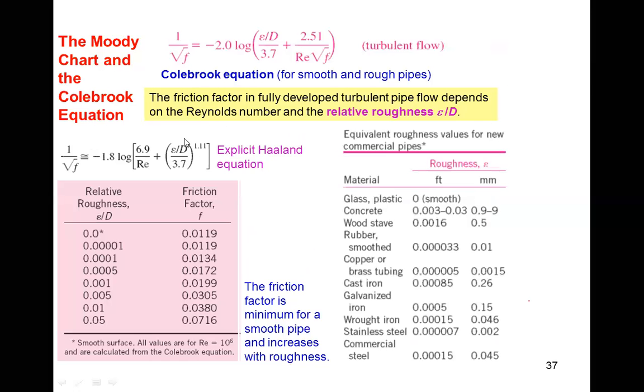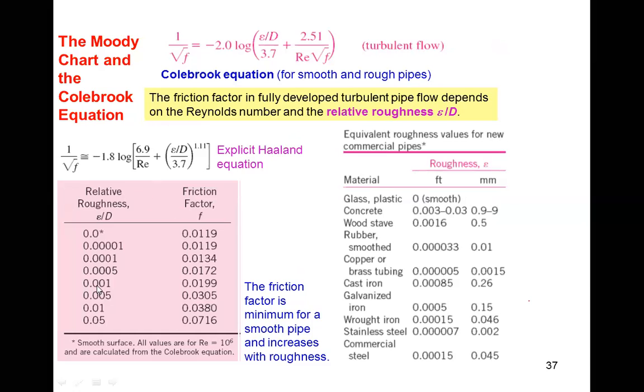Now, once you know your friction factor, this is again the Colebrook correlation, valid for smooth and rough pipes, for all Re values. This is a Haaland correlation. It just needs a value to be substituted on the right-hand side, and on the left side your friction factor can be calculated.